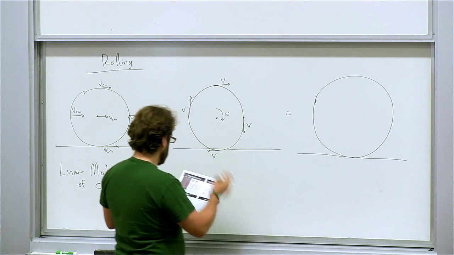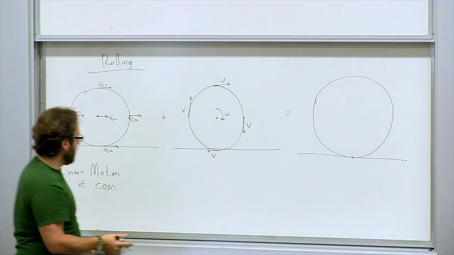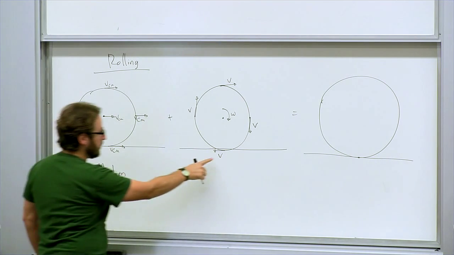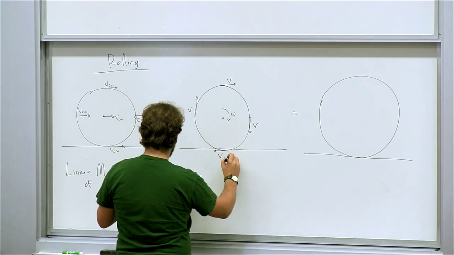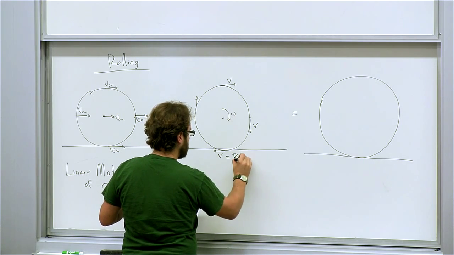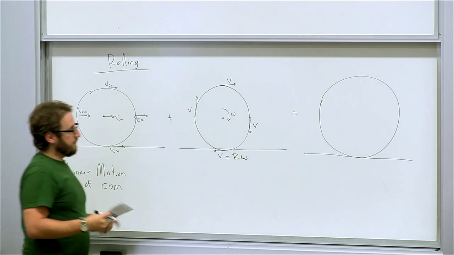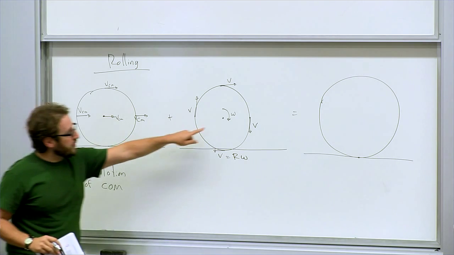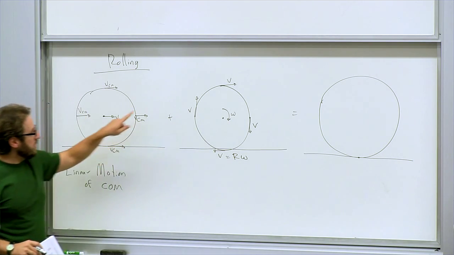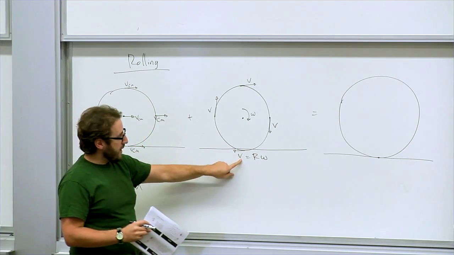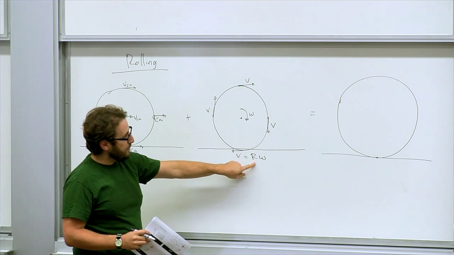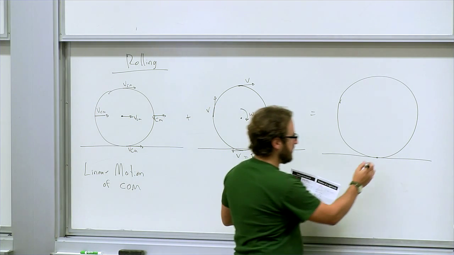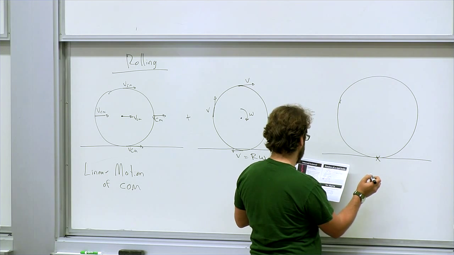Okay? How does that happen? Well, it happens if these two guys are equal, right? So you just need to choose the angular velocity to be related to the center of mass velocity by the radius. In which case, this guy, there's no velocity.